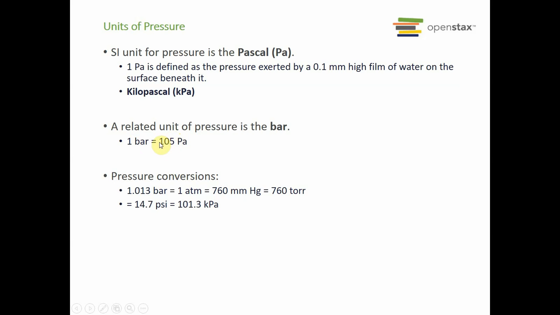Say 1 bar is 100 kilopascals up here. That is 10 squared times 10 to the third. 10 squared being the 100, 10 to the third being kilopascal.